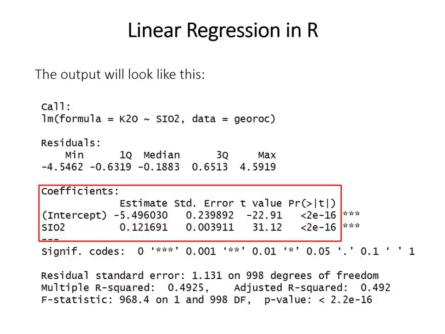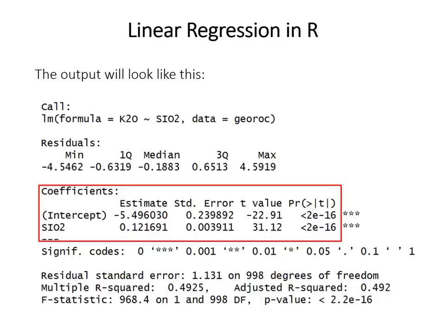And so this gives the regression coefficient, which is the estimate column. It gives the standard error of that regression coefficient. It gives that after being converted to a t-value. And then it gives the p-value for the null hypothesis that the coefficient is 0. In the case of our single regression here, this estimate, the coefficient, is the slope of the line.